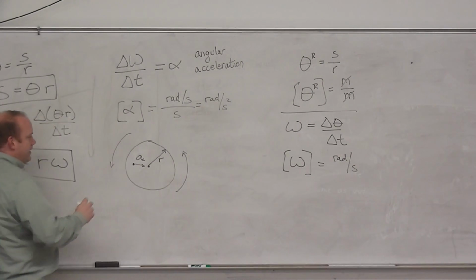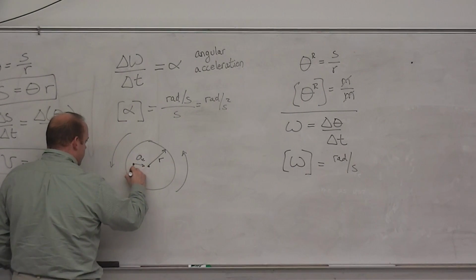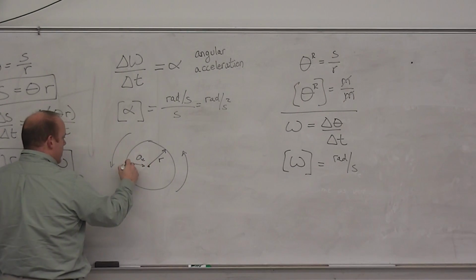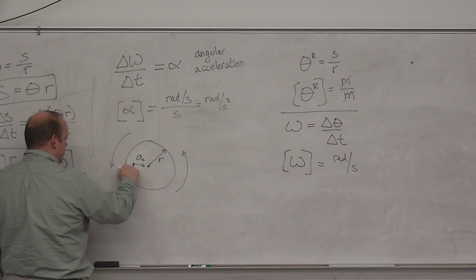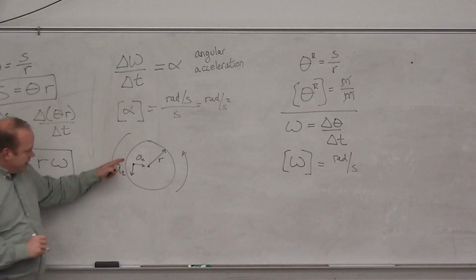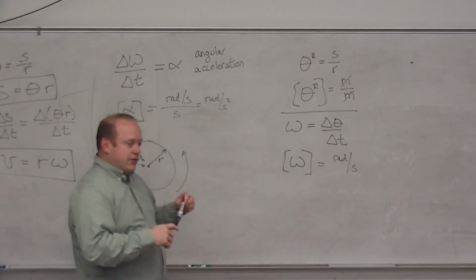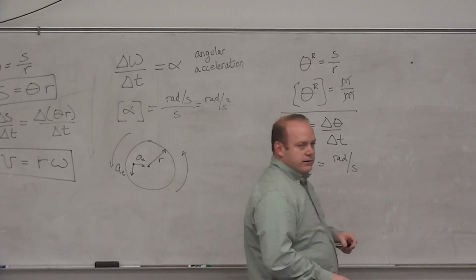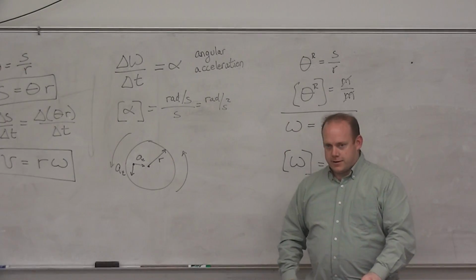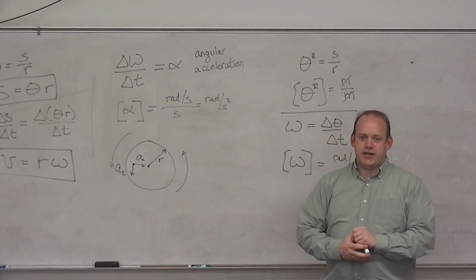Tangential acceleration, I'll call this a_t, is in the direction of motion. In other words, it's changing the rate at which it's spinning. So the velocity, going tangent to the path, is speeding up. That's why they call it tangential.